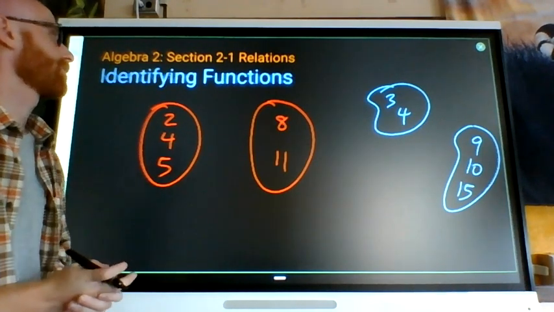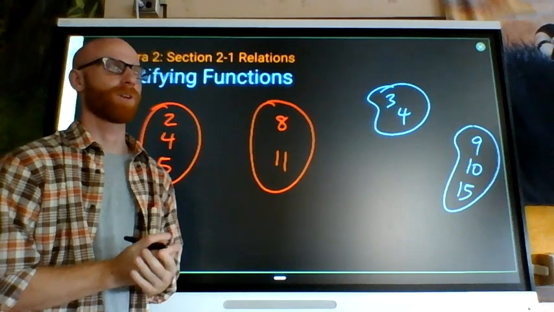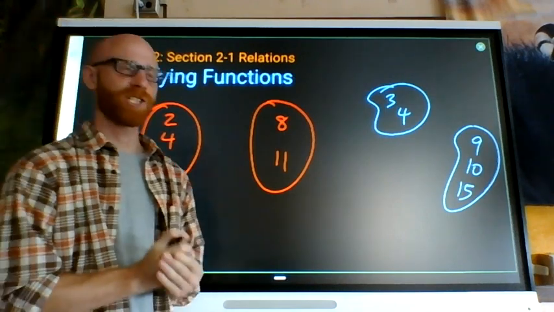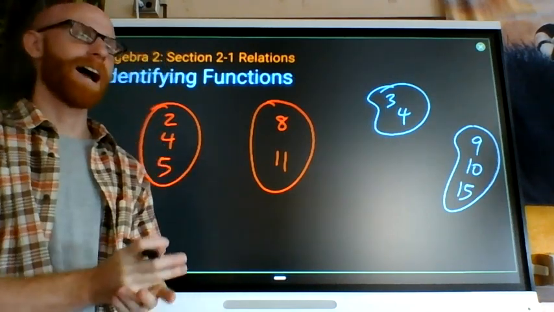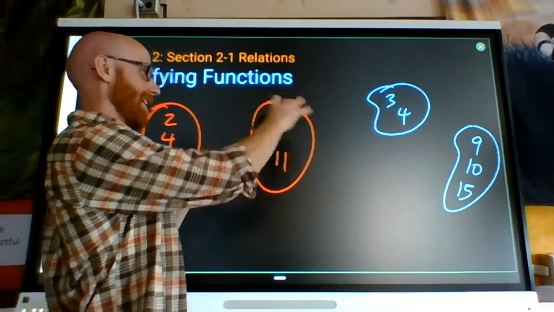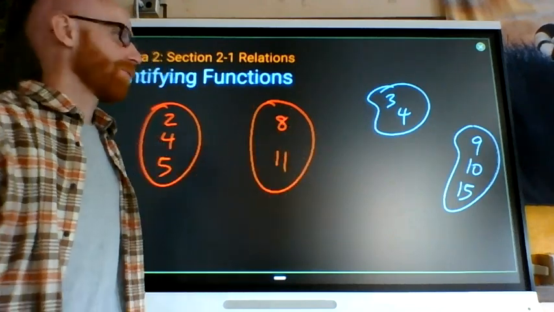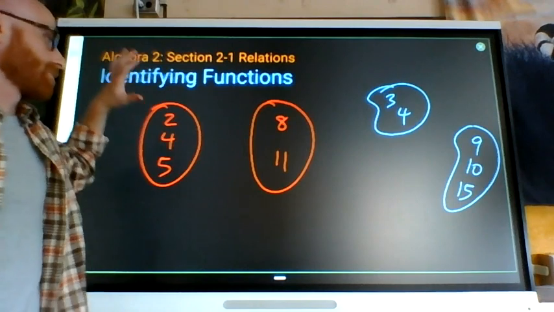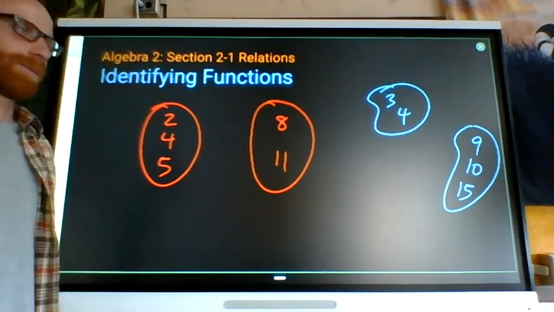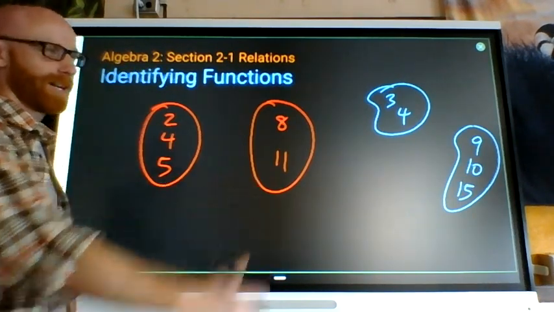Using that definition of functions, a function is a relation for which each input has exactly one output. Again, looking through all of the different ways that we could represent functions, how would it look for something to be a function? How would it look for it not to be a function?